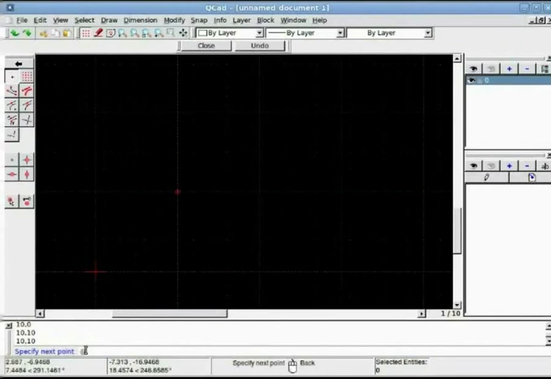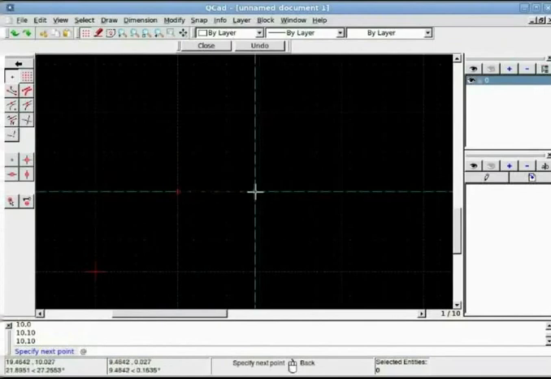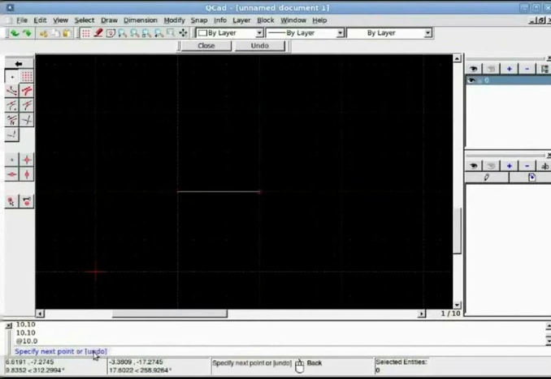After that, I want to draw a horizontal line in 3 o'clock direction of 10 units. So x value is 10, so I put @10,0 because y value is 0 here. Now for the vertical line going in downward direction, again for relative I use @, then x value is 0 but y becomes minus 10 because it is going in opposite direction.